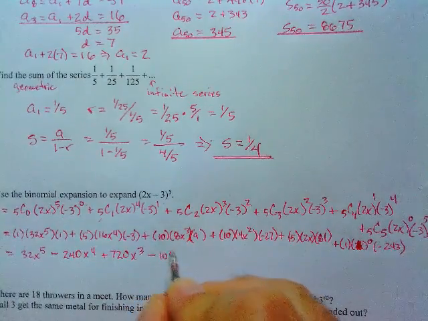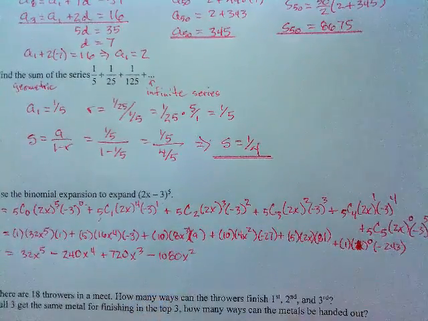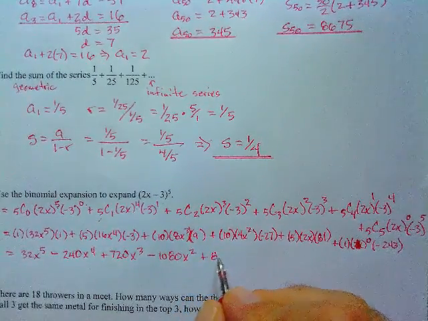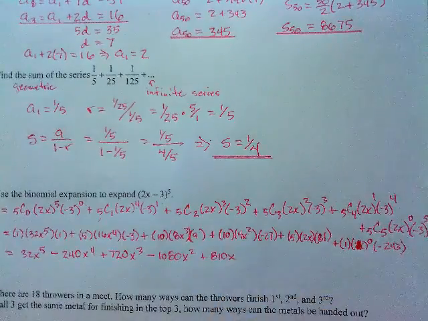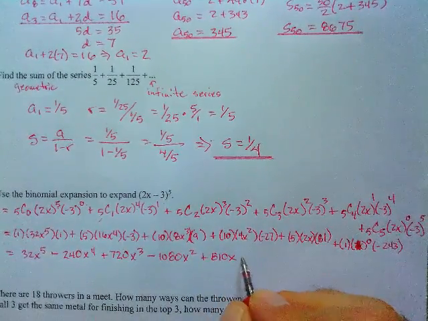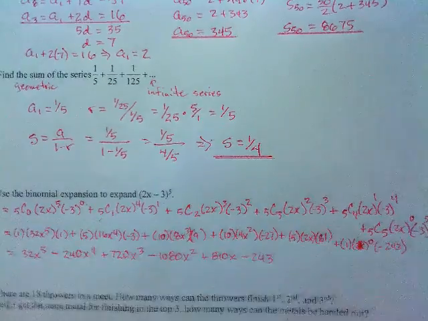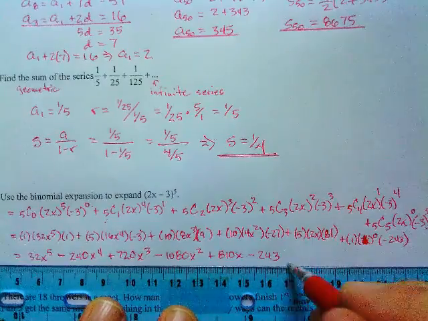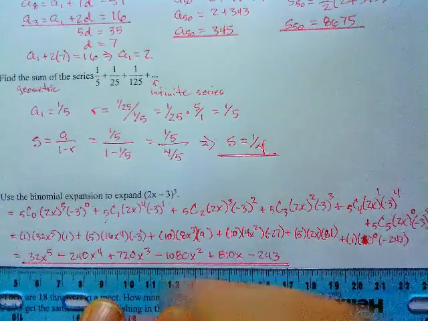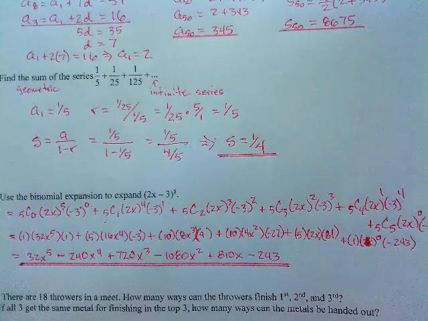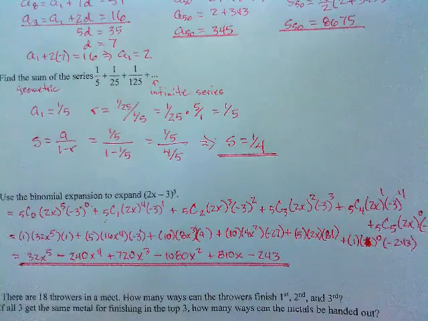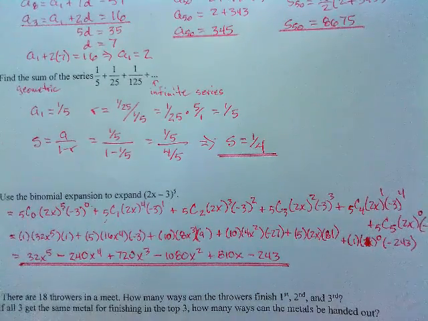This one is going to be 1080 x squared, and then 810 x, and then at the end 1, 1, and 243, so minus 243. And so we have done the binomial expansion using our pattern as opposed to actually doing all of that foiling and distributive property and so forth.